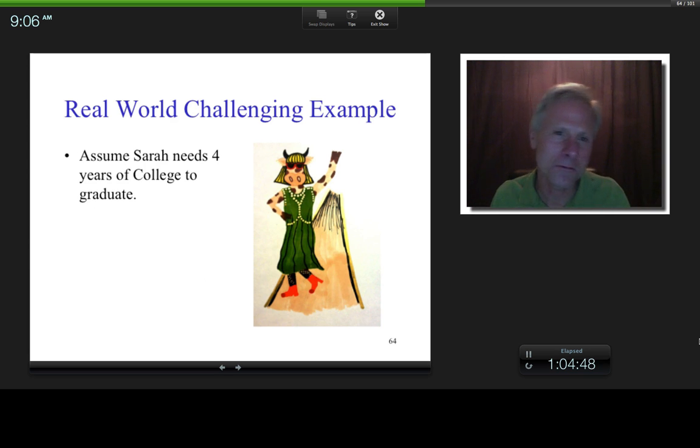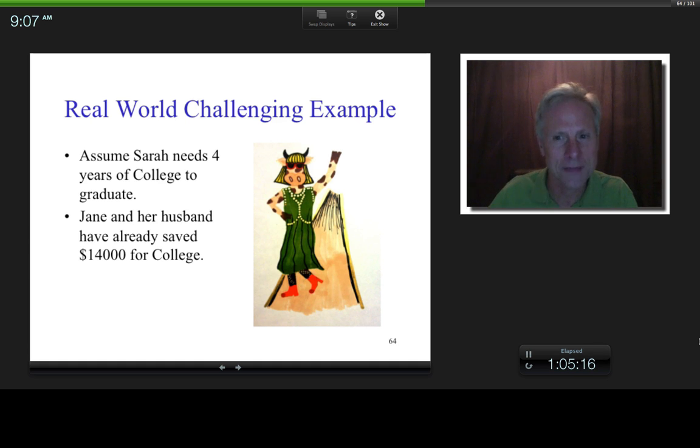And so, are you going to let your daughter be on the 6-year plan because she gets to change her mind on her major every now and again, or are we talking about a 4-year plan? All right, say 4 years. Now, Jane, you tell me you're married to George. Have you already started saving? Okay. And how much have you saved up so far? All right, so let's say 14,000 is what they've saved up so far.